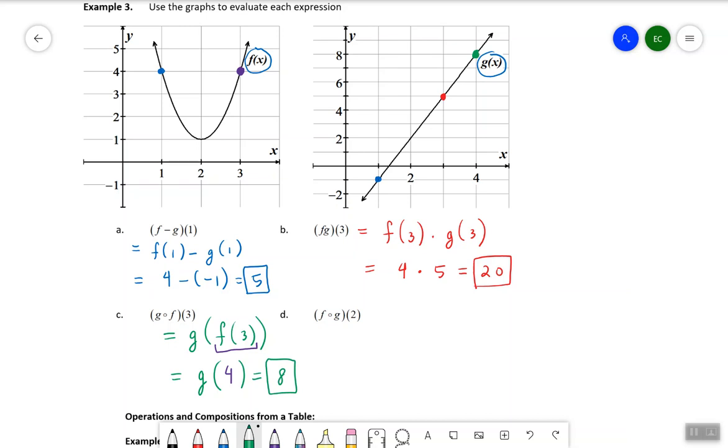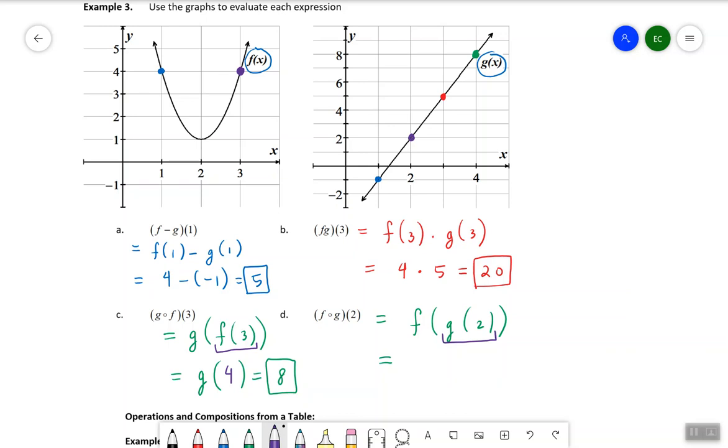Let's do it again. This time let's do f circle g of 2. Apply the definition, f of g of 2. What is g of 2?